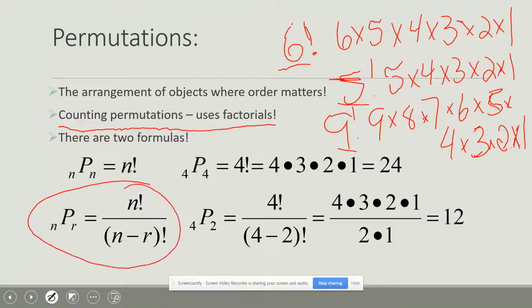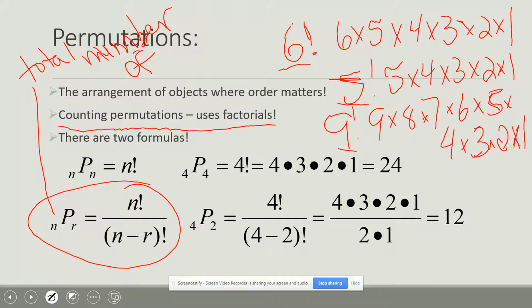This formula, the nPr formula, is the one that we are going to focus on. n is the total number of participants or choices or things like that.